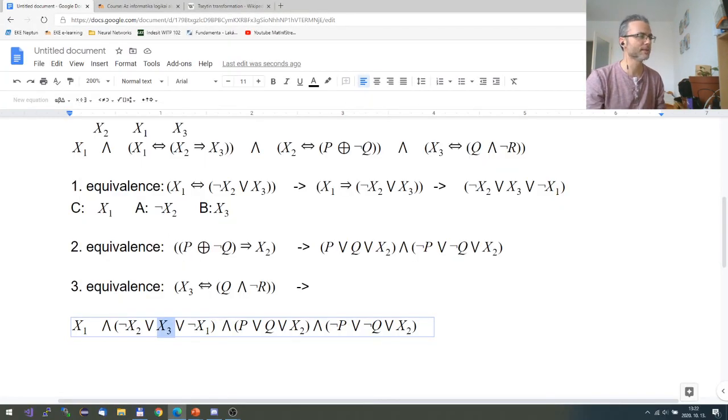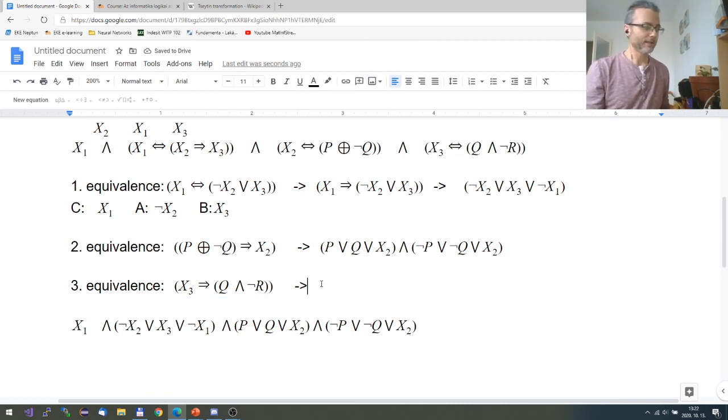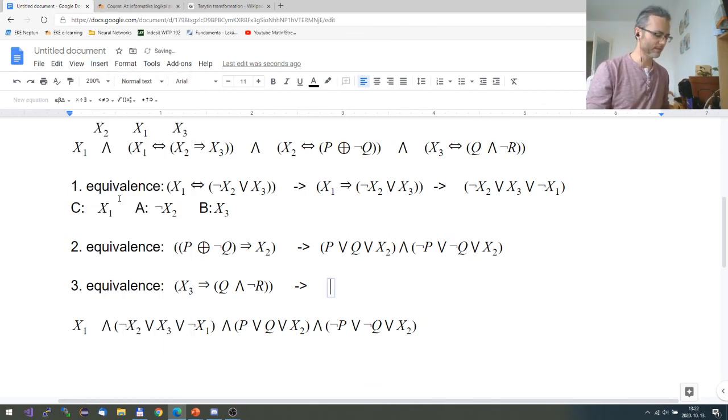So in this case, you can simply exchange the equivalence with an implication, right? And this part is quite easy.